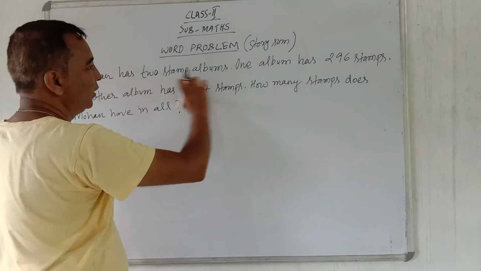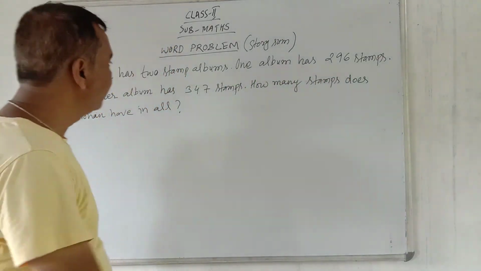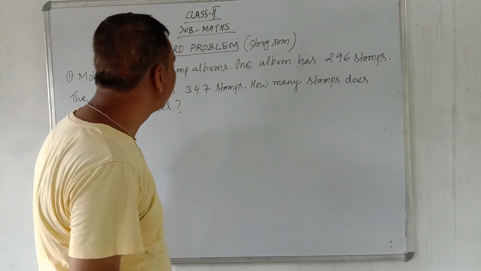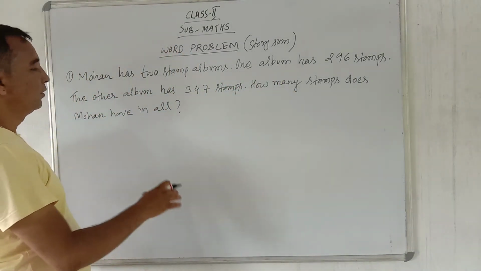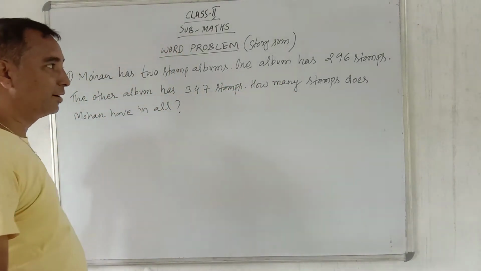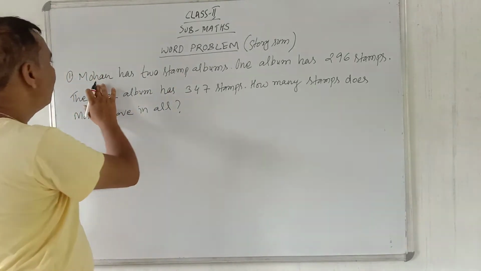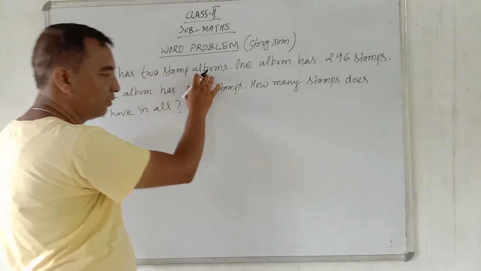Here is a story, and we have to read this statement very carefully. Understood? Let me read. Please look carefully and try to understand what the statement is asking. Mohan has 2 stamp albums.